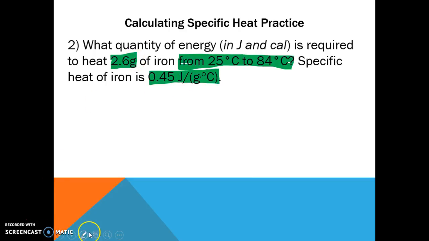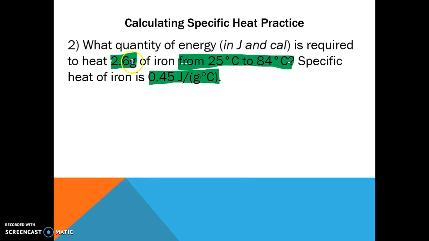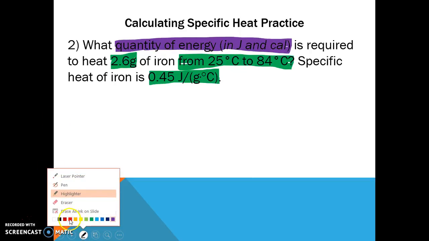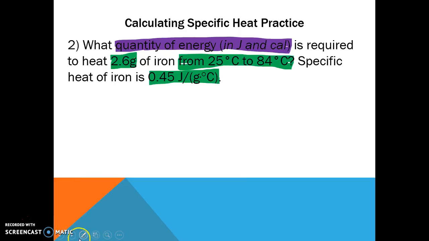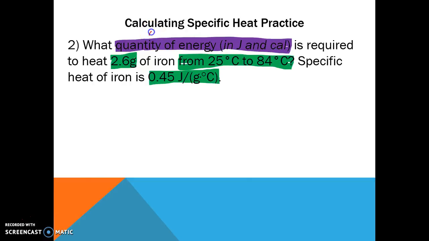And I don't see any more numbers in there. So what am I looking for? It wants what quantity of energy in both joules and calories. Remember that quantity is the key word here because Q stands for the quantity of heat energy. So it wants Q.